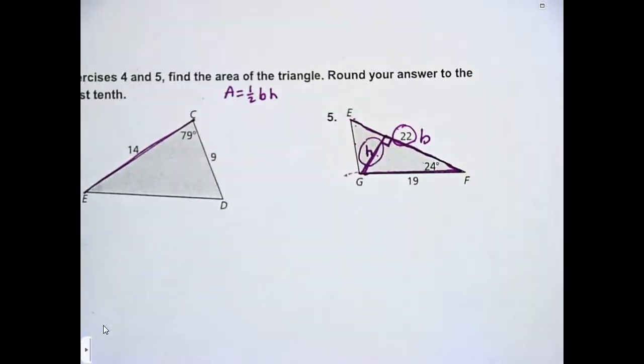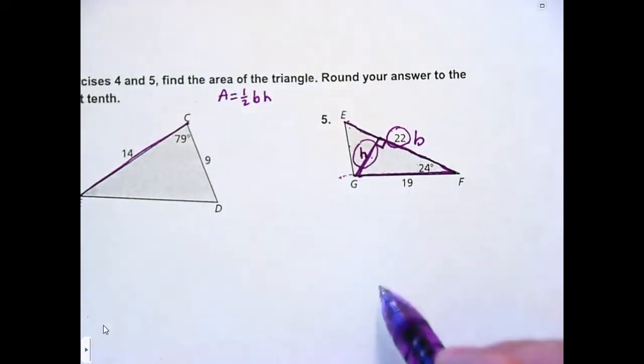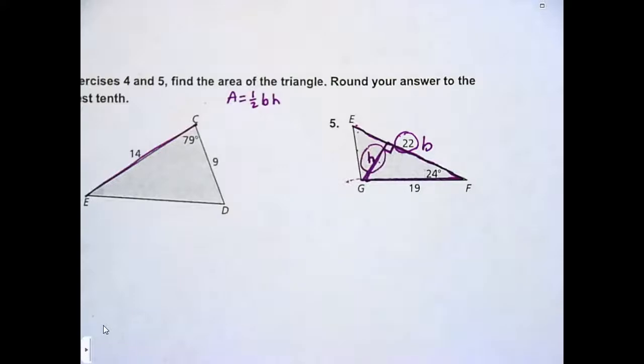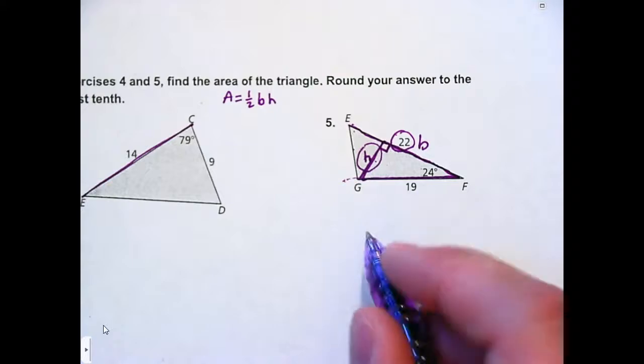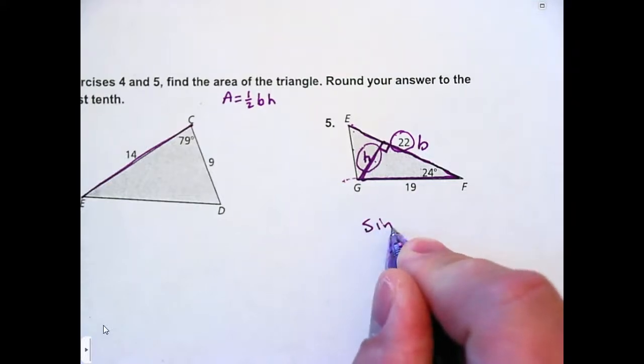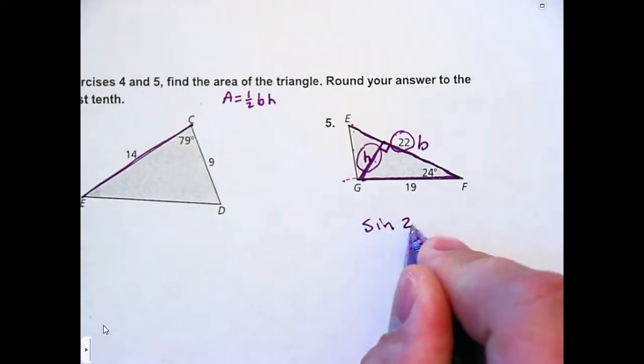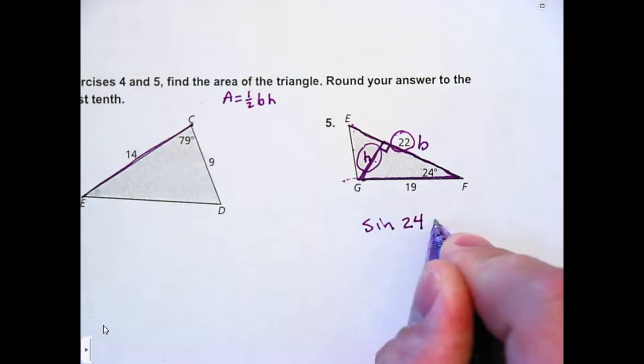Maddie? Could we use the right triangle similarity? Right triangle similarity would be a little tougher on this one. Yep. Is it like the side of 24 times 19 or something? I forgot how. Divided by 19.